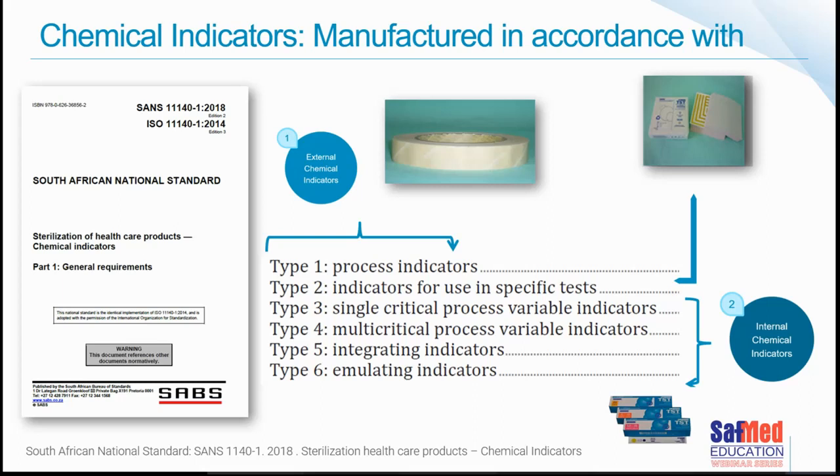Those, of course, are the external chemical indicators we've already spoken about. Type 2 are specific test type indicators, an example of which is the Bowie-Dick test pack. Type 3, 4, 5, and 6 are all internal chemical indicators.